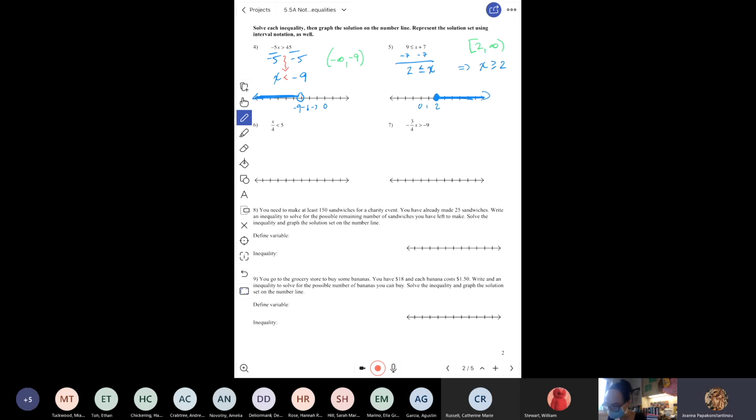Okay, look at the next one. How am I going to solve for x? Multiply both sides by 4. That's going to give me x is less than 20. Again, show me 0. I just like to see it. And then maybe 2, 4, 6, 8, 10. Oh, no, that's bad scale. Let's count by 5, 10, 15, 20. Open or closed at 20?